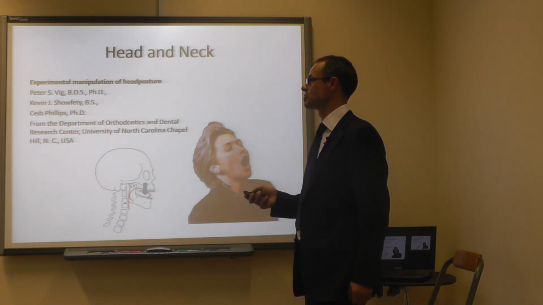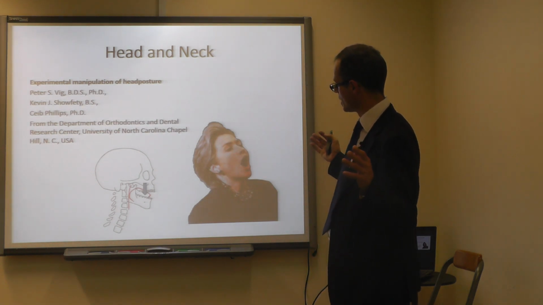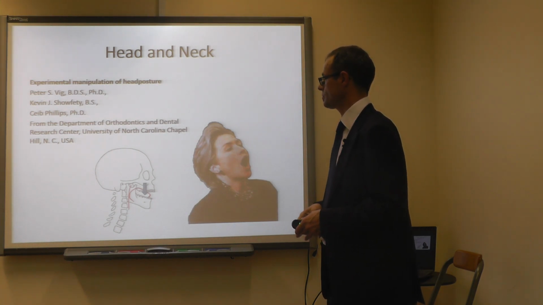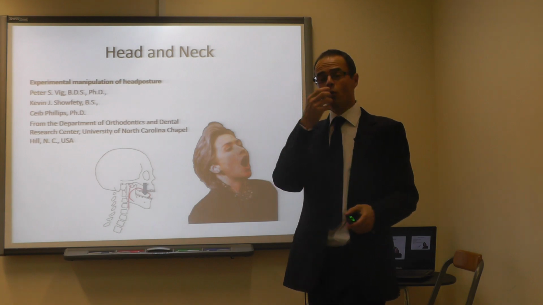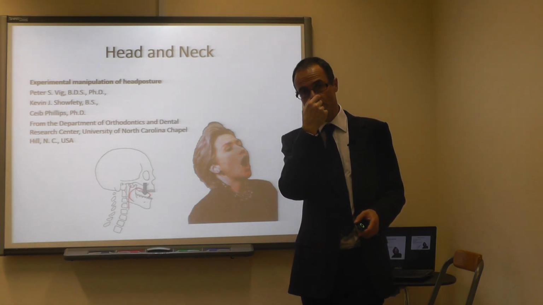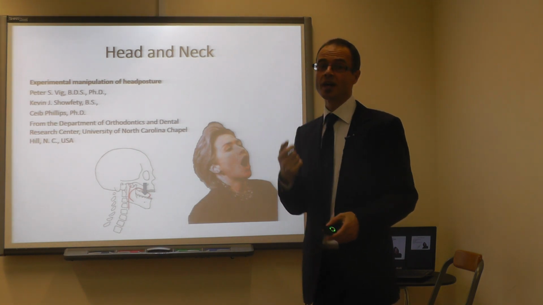Now, an interesting piece of research done by Peter Vig, demonstrated by Hillary Clinton here, is that he placed a swimming clip on people's noses. This caused people to have to breathe out of their mouth.